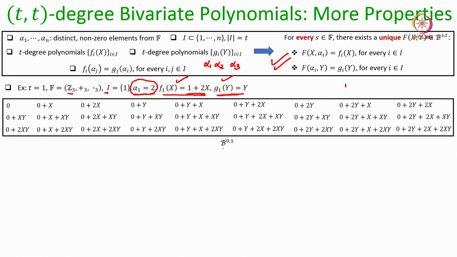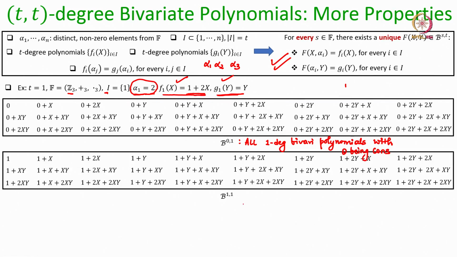So, there are several bivariate polynomials. This is the set of all degree 1 bivariate polynomials with 0 being the constant term.